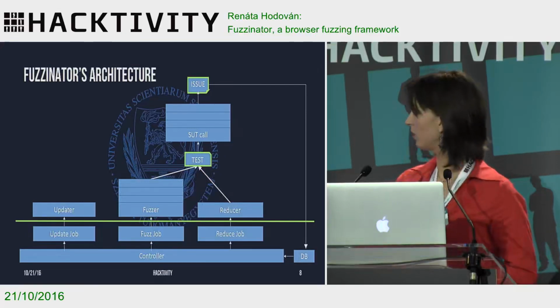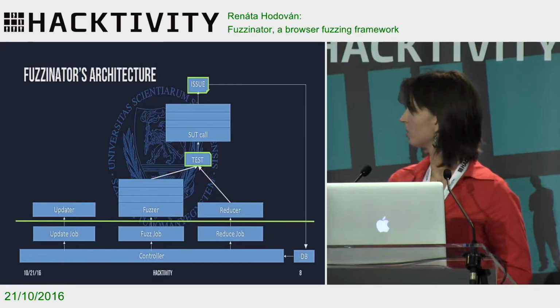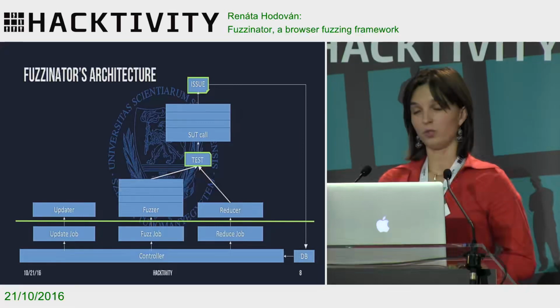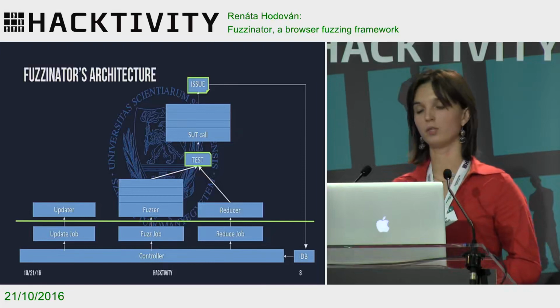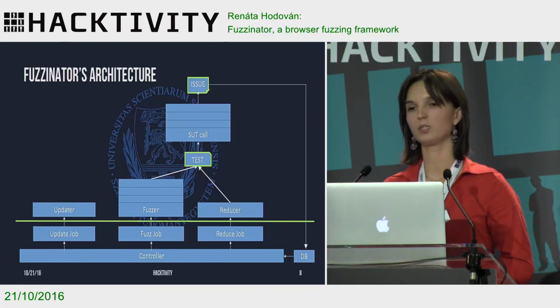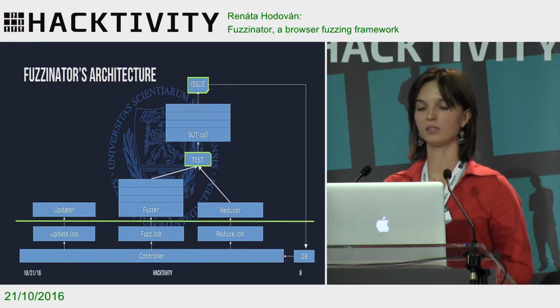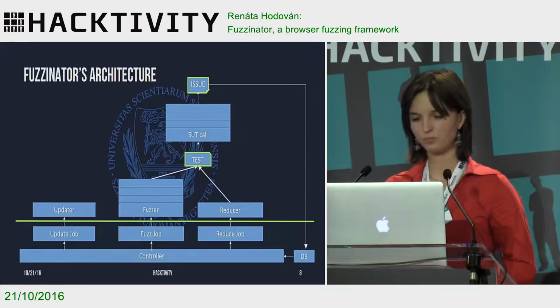And the last part is the reducer, for which we also have two options provided to you. Or you can use your own version. This reducer will work iteratively, and in every iteration it will remove parts from the input, and it will test this chunked input and see if it still reproduces the issue or not.